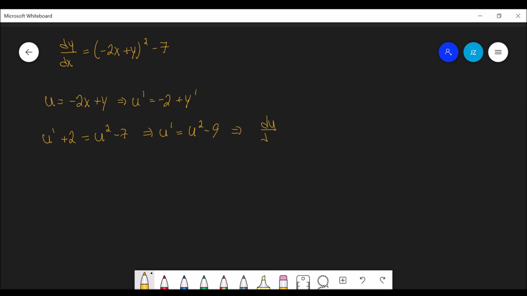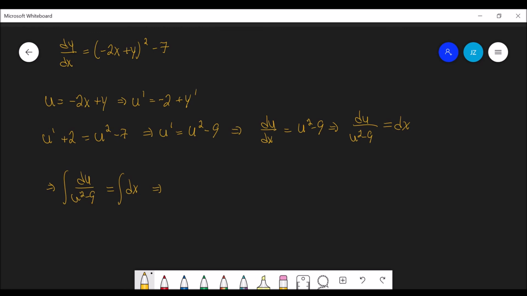So du dx is u squared minus 9, which means that du over u squared minus 9 is equal to dx. This gives us the integral of du over u squared minus 9 is equal to the integral of dx.